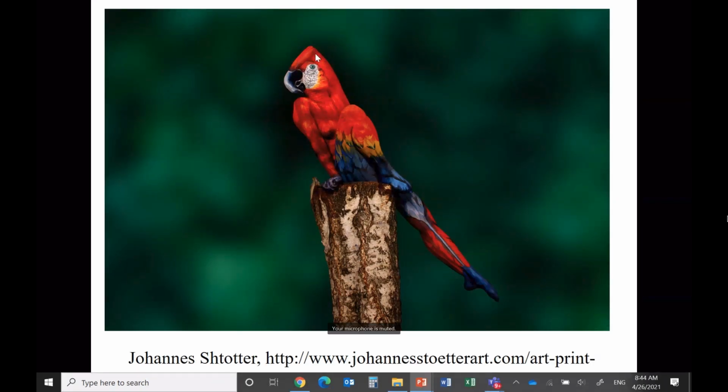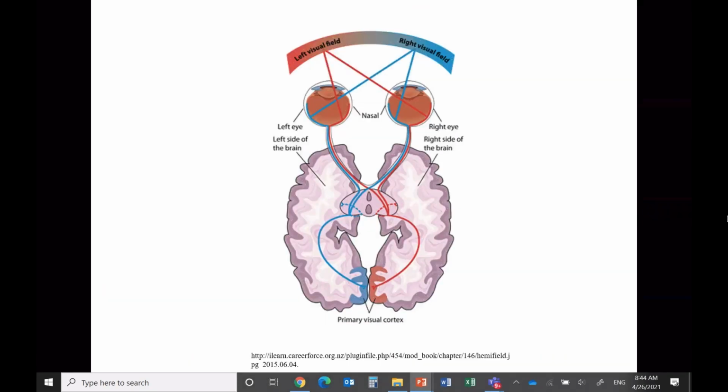This is the face, the hand, the leg, and this is the leg, not the tail. So that is why, from the eye to the brain, the brain processes information and gives the illusion to us.